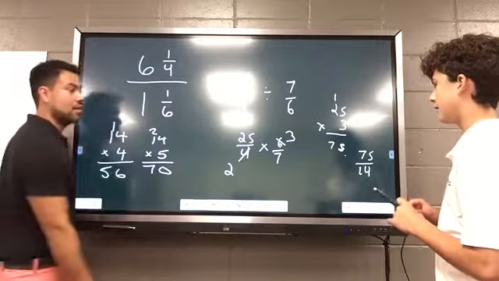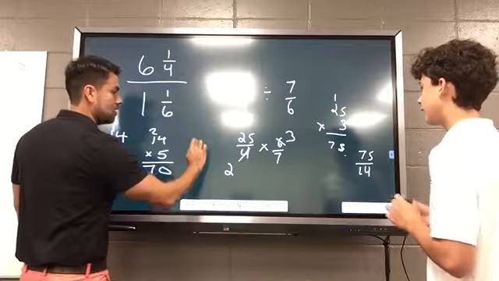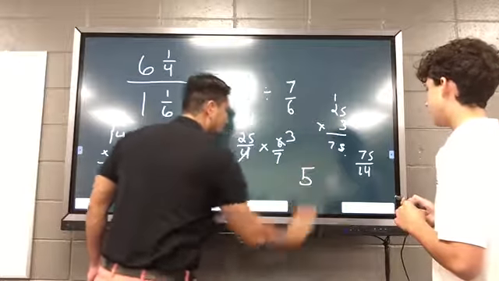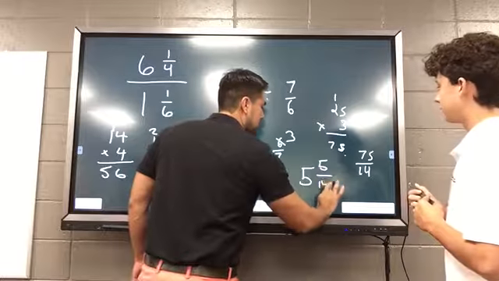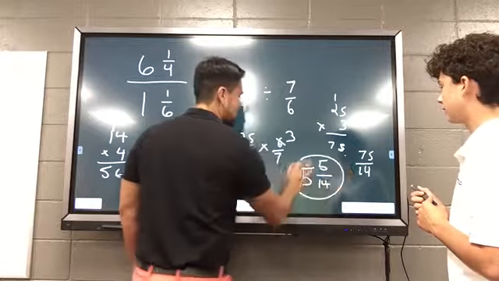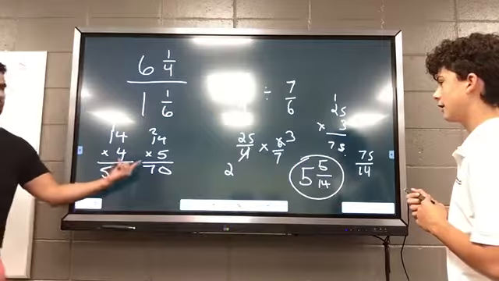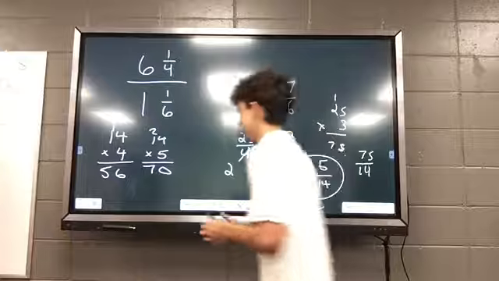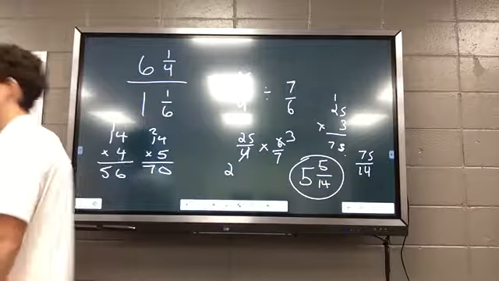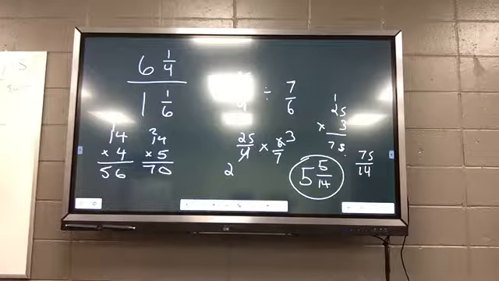Okay, well then that means it's 5. And how many do you have left over? 5 14ths. Isn't that nice? So did you have to guess a couple times? Yes. That's okay. I guess a lot too. All right, that's your answer, 5 and 5/14. I saw that on a lot of papers, which was good. Did you guys get that?